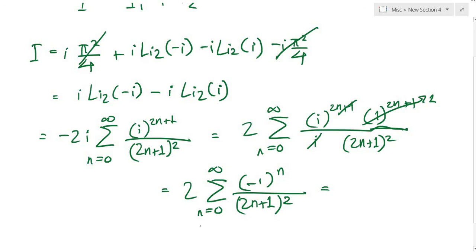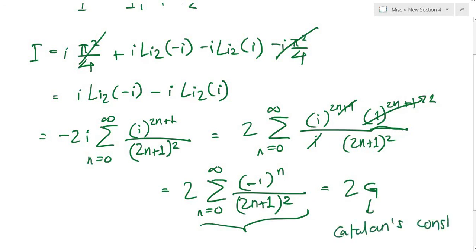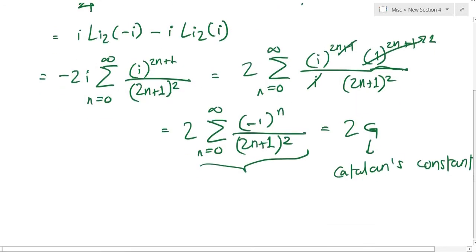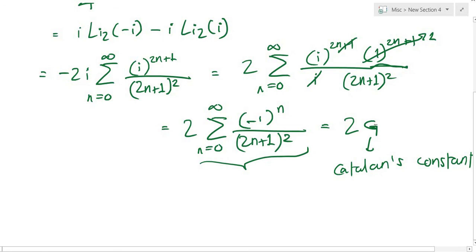And what's this part? That's right, it's Catalan's constant. So we have 2 times G, where G is Catalan's constant. So that's a pretty result.